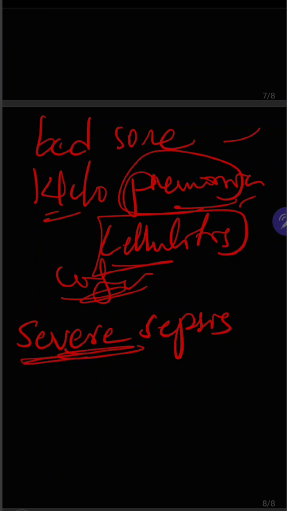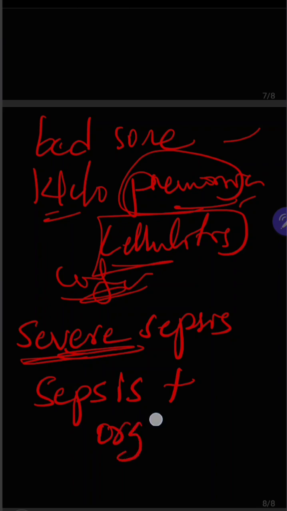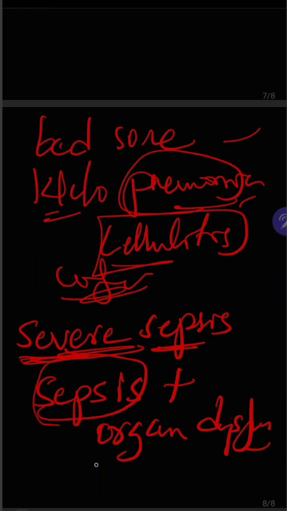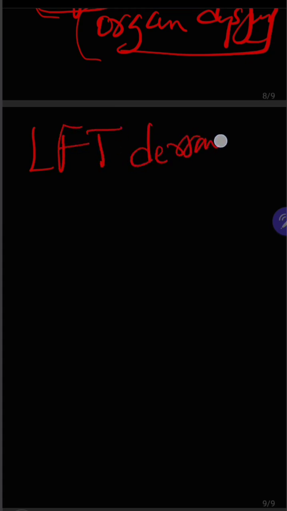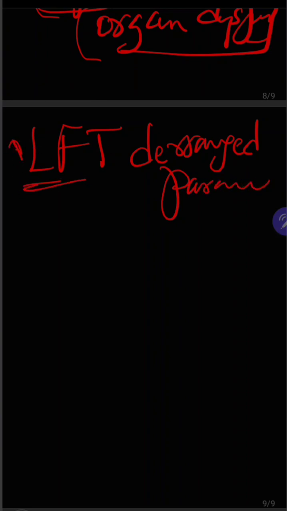When do you call severe sepsis? Severe sepsis is sepsis plus organ dysfunction. So we call it severe sepsis when there is sepsis and organ dysfunction. What is an example of organ dysfunction? The patient will have deranged LFT parameters. This is organ dysfunction.